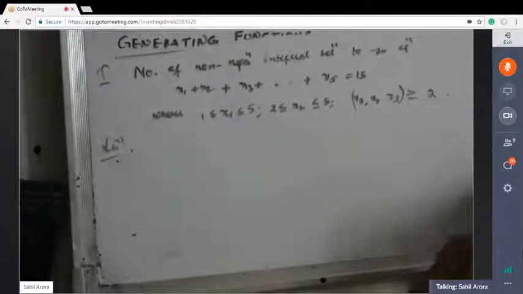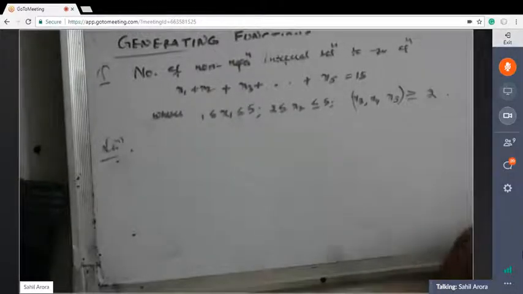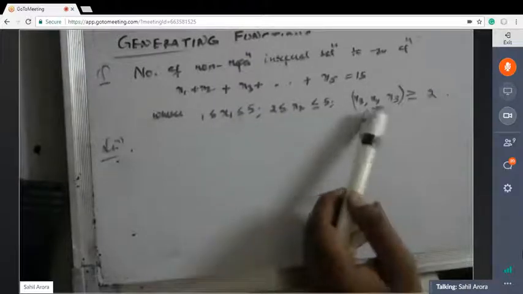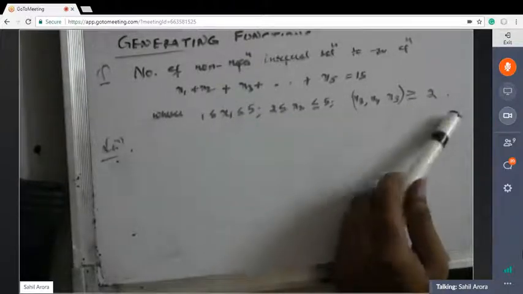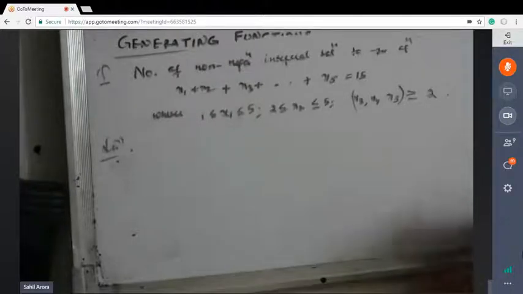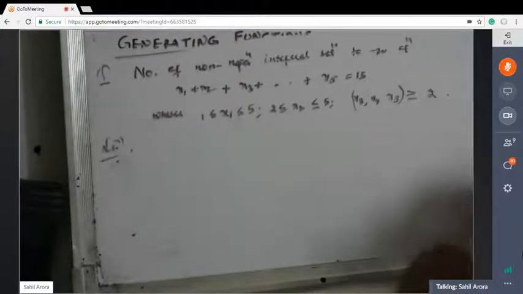The question says the number of non-negative integral solutions to the equation x1 plus x2 plus x3 and so on up to x5 is equal to 15, where x1 is between 1 to 5, x2 is between 2 to 5, and x3, x4, x5 are greater than or equal to 2. See how to solve this first time. Very simple.